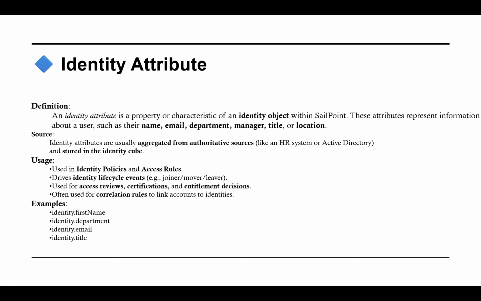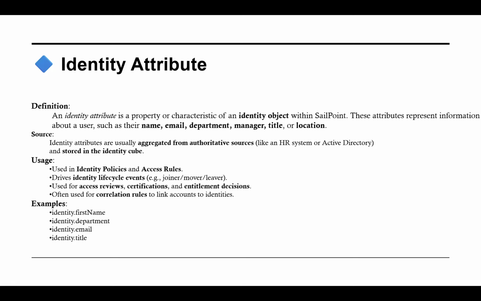Where do we use these values? They are used in identity policies, access rules, identity lifecycle events such as joiner, mover, leaver, and also for access reviews, certification, entitlement decisions, correlation rules, etc.